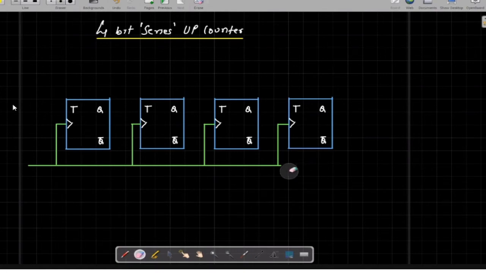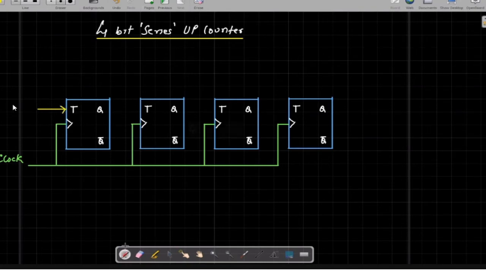This is clock, and you have to apply the input to only the first T flip-flop, and this must be operated in toggle mode.